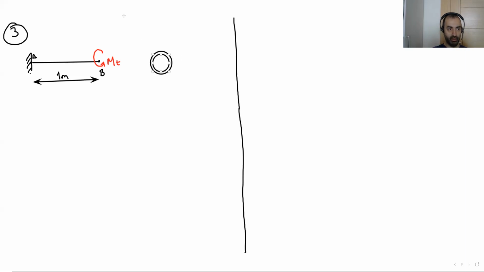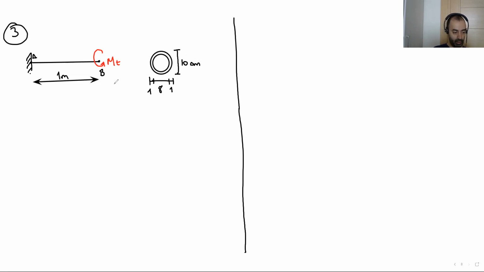Okay, this is the section. The total diameter is 10 centimeter. The thickness here is 1 centimeter. The internal diameter is 8.